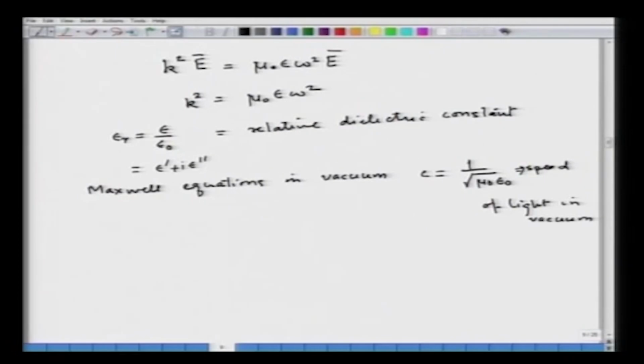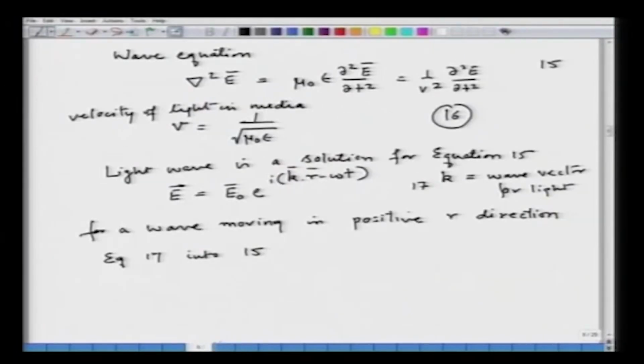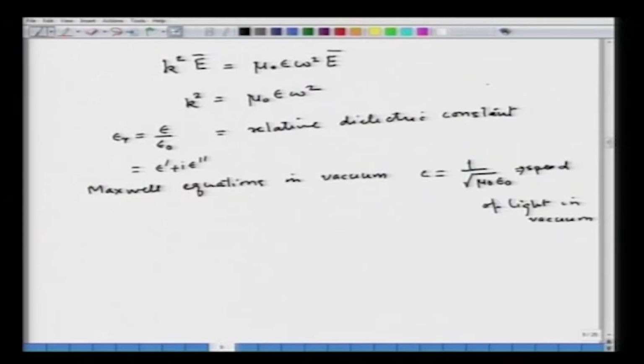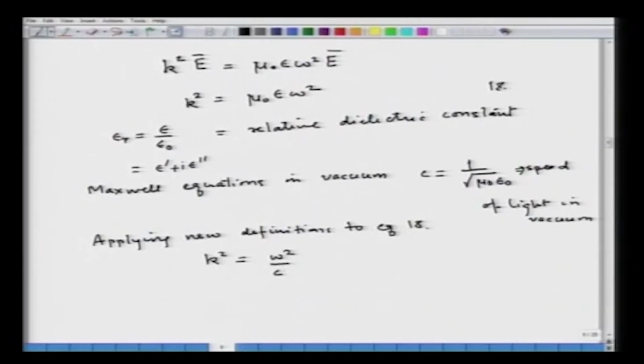Now, applying these new definitions to equation number 18, we are going to get k square is equal to omega square over c square times epsilon prime plus i epsilon double prime.